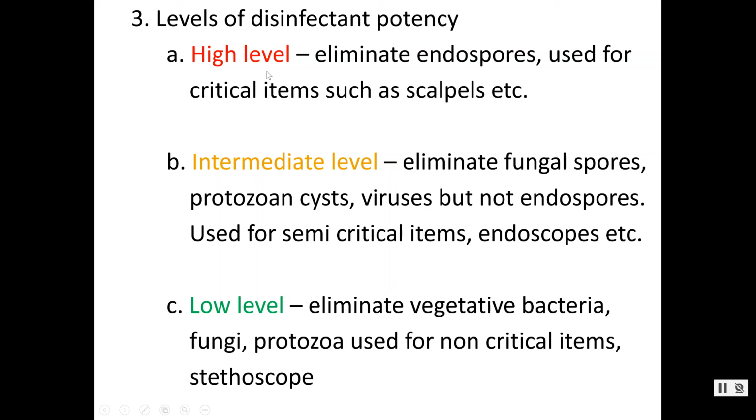That would be surgery, critical items that are going to come in contact with a patient in places where normally bacteria should not be. Intermediate level is where you want to get if you are still leaving some of the patient's defenses intact. So say you've got an endoscope. You want to go in through the mouth and the nose, and you want to look into that.